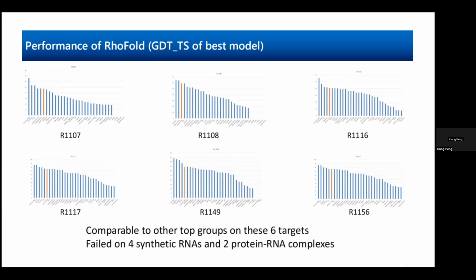The deep learning method is not the best performing method in CASP15 RNA, but is comparable to the other top groups for these 6 native RNA-only targets. Our model failed at the 4 synthetic RNAs, maybe because we have no MSA and no evolutionary information for these targets.